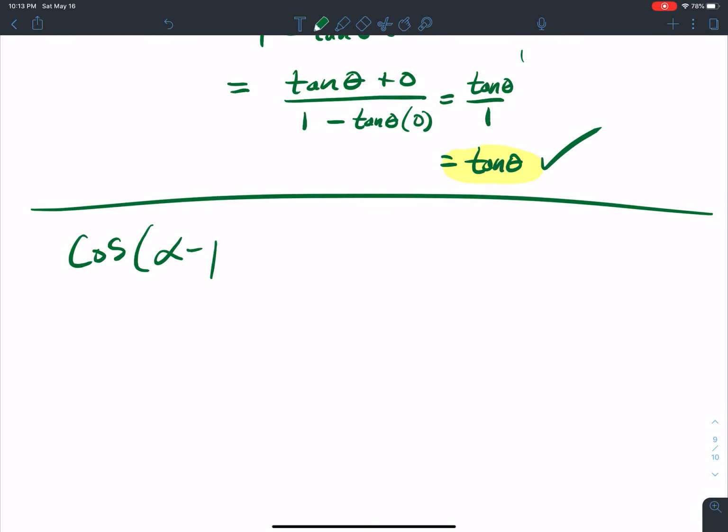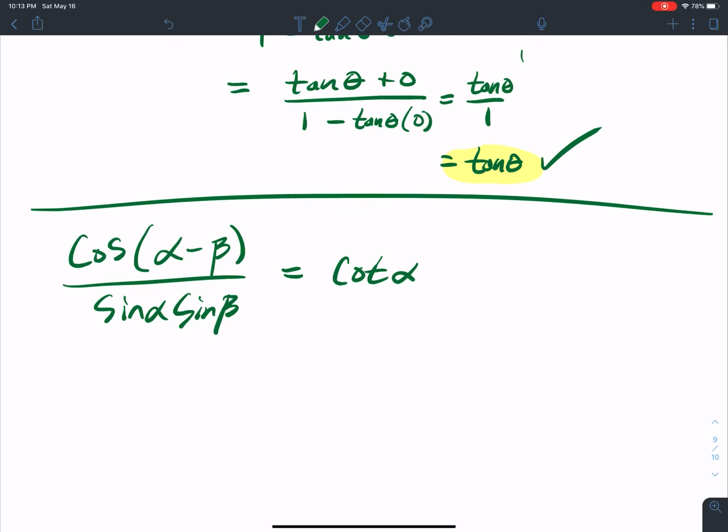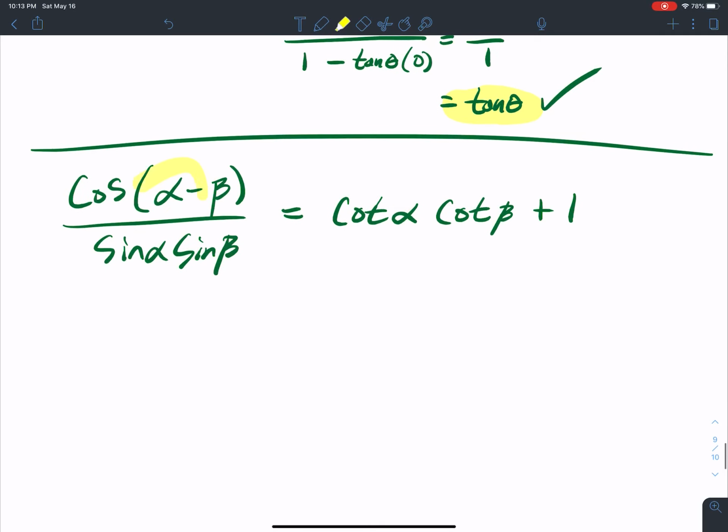Cosine of alpha minus beta over sine alpha sine beta equals cotangent alpha cotangent beta plus 1. Oh my goodness. Okay. So to me, the left side looks more complicated, so I'm going to start with that.